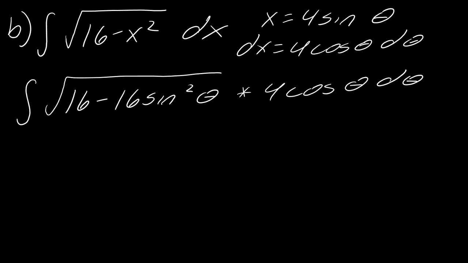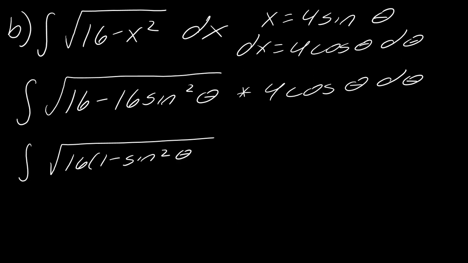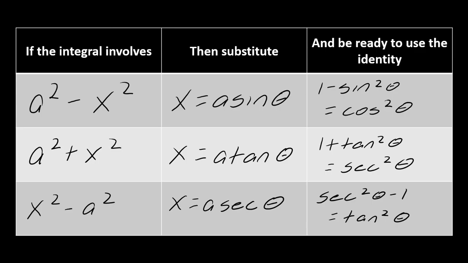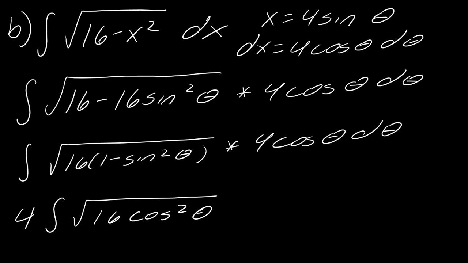So now, let's see, I can take this 16 and factor it out. I probably should have factored out the 4 here, but oh well, I'll do it in the next step. I'm going to bring this first 4 out. So this square root now becomes 16 cosine squared theta. That's because with this type of substitution, you're going to want to use the fact that 1 minus sine squared theta is equal to cosine squared theta.